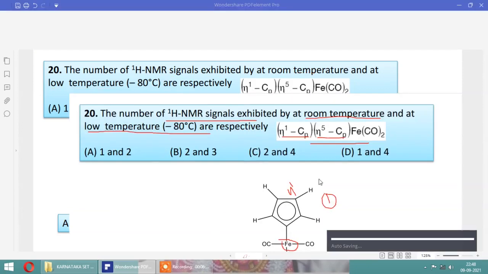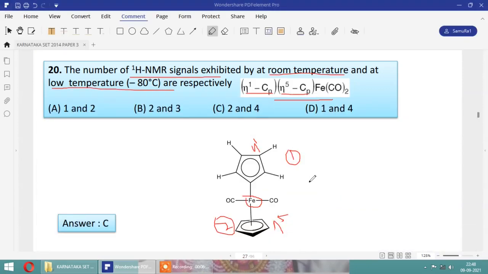When you lower the temperature to minus 80 degrees centigrade, the protons in this ring go to different environments, and here also the protons go to different environments. So these two protons give one signal, and these two protons give one signal, and likewise for the other ring.